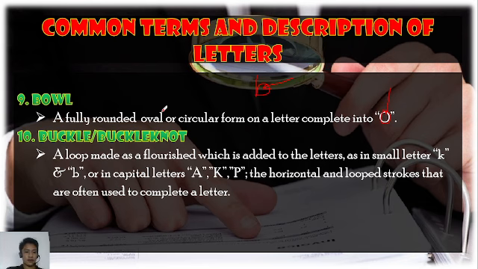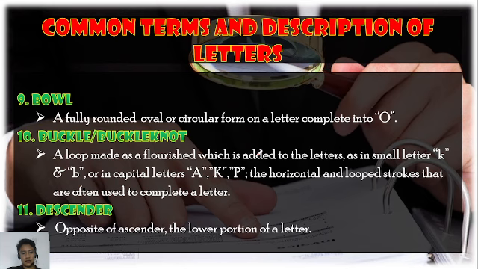All right, and we have here the buckle, or buckle nut. Pag sinabi po nating buckle nut or buckle, it is a loop made as a flourish which is added to letters, as in small letter K and letter B, or in capital letters A, K, P, and the horizontal and loop strokes that are often used to complete a letter.